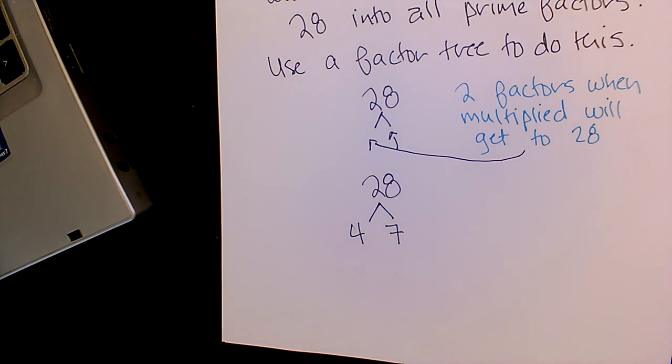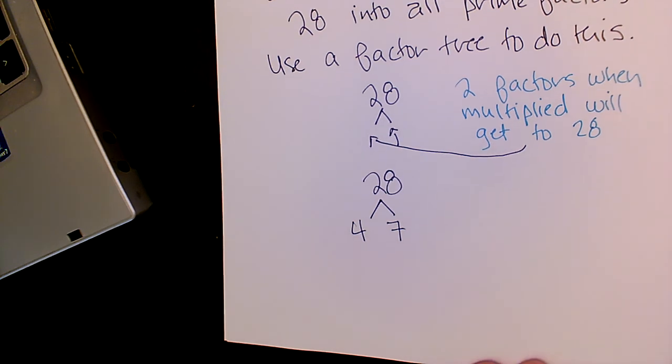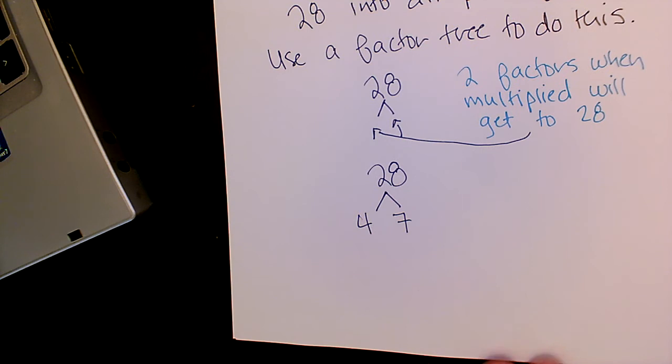Now we look at the branches. We've got a 4, we've got a 7. Are either of those prime? Is 4 prime or is 7 prime? Well, I'm going to say 4 is composite because 1 times 4 and 2 times 2 is 4, so that's more than 2 factors. 7, we talked about 7. 7 was a prime.